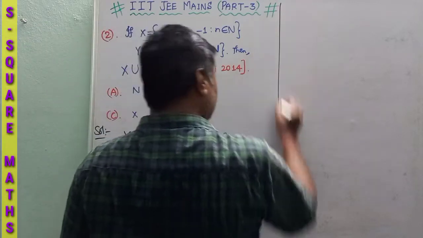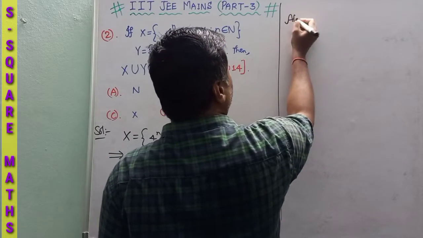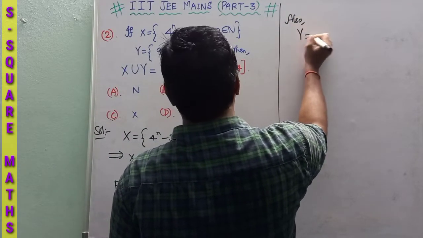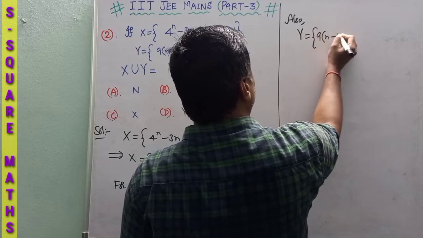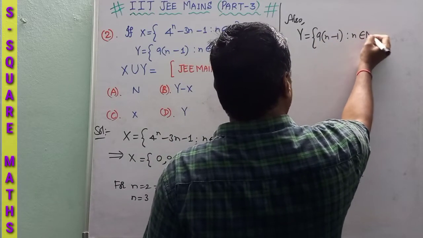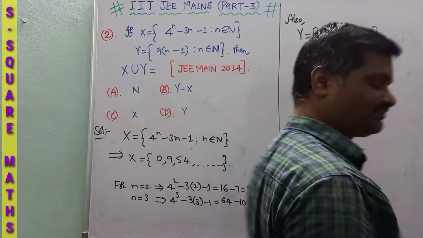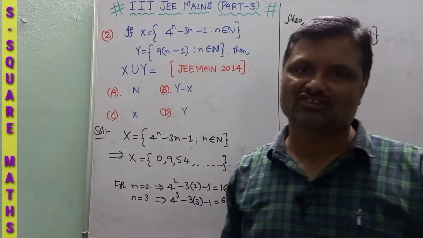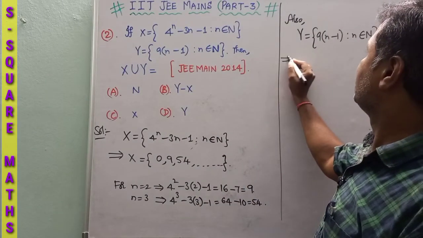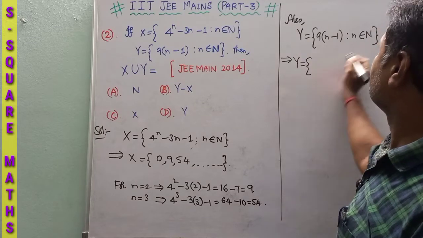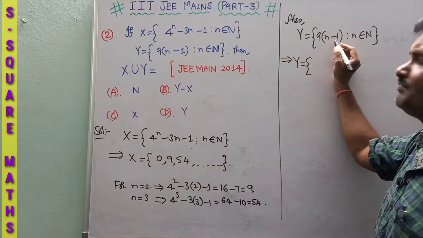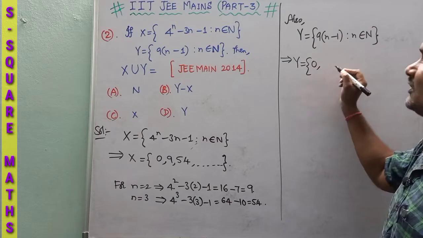Okay, so this is the x set by considering the values. Next, consider y is equal to, also y is equal to what is given here, nothing but 9 of n minus 1, where n belongs to natural numbers. Let us list out the values of y here, the elements. So y is equal to nothing but n is equal to 1, 1 minus 1 is 0, so 0 into 9 is 0.